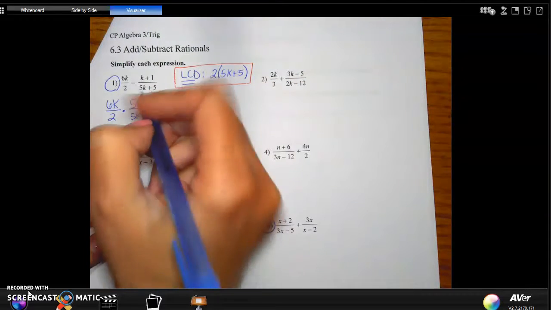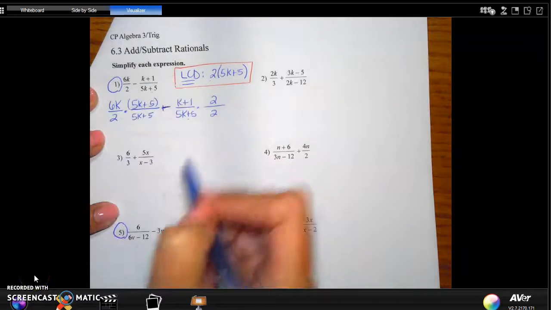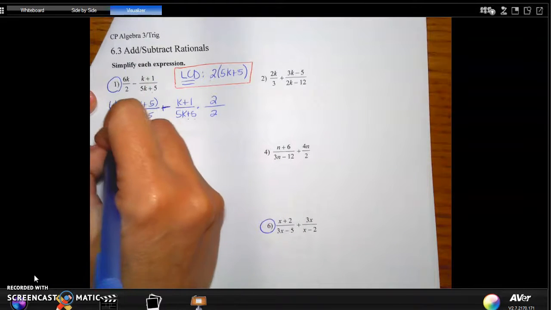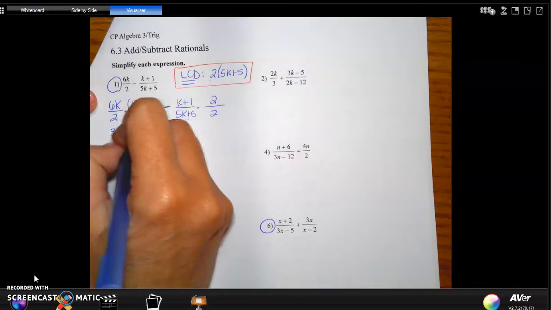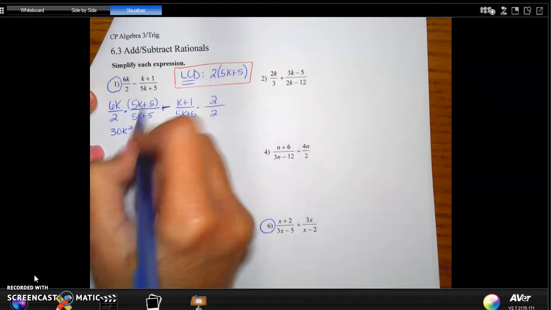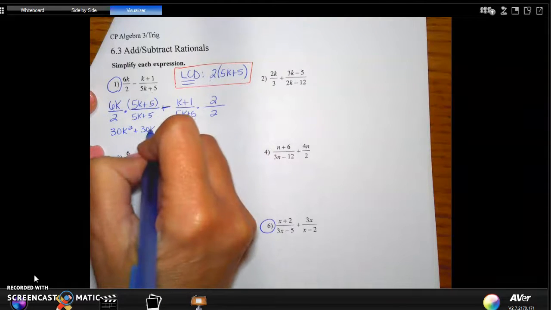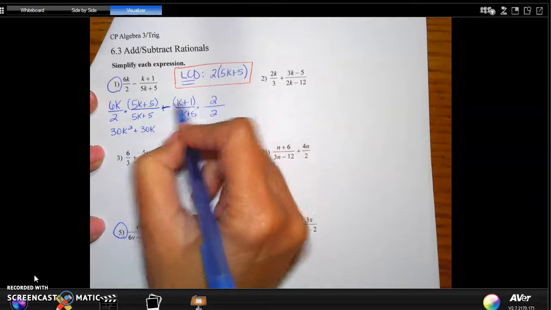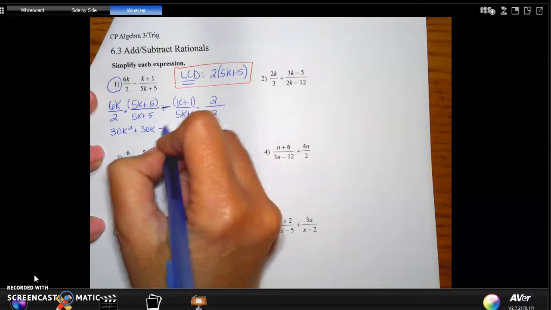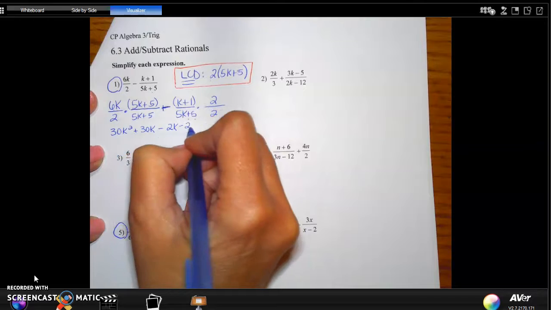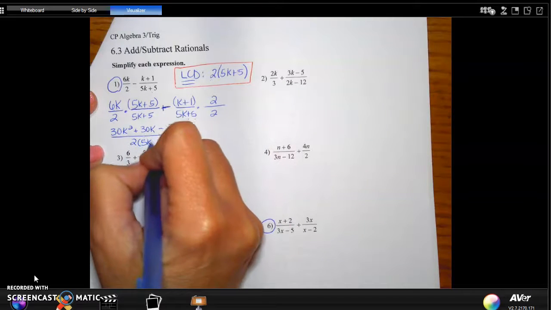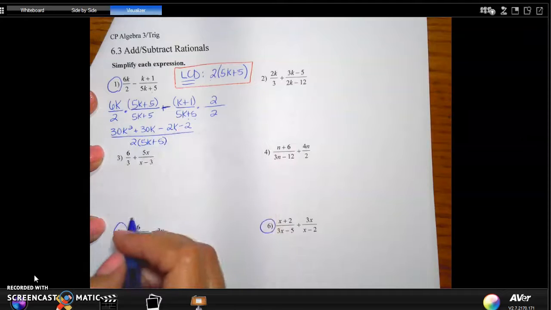So now we're kind of ready to distribute and do some algebra. So 6k times 5k is 30k squared. 6k times 5 is 30k. Then we really are distributing this 2 here and here. Don't forget about your minus sign. So you have minus 2k minus 2 all over our LCD of 2 times 5k plus 5.